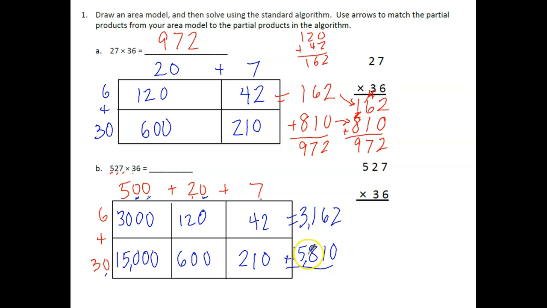Excuse me, 15,810 for that second partial product. 2 ones. Let me get rid of that. So I have 2 ones, 7 tens, 9 hundreds, 8 thousands, and 1 10,000. So go ahead and see if you can work out that standard algorithm and solve that on your own.